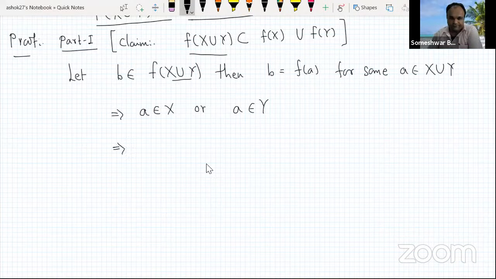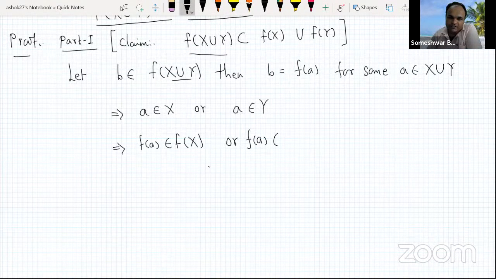So it will imply f of a is an element of f of x or f of a is an element of f of y. If a is an element of x, then f of a is an element of f of x, and if a is an element of y, then f of a is an element of f of y, because it is a mapping.